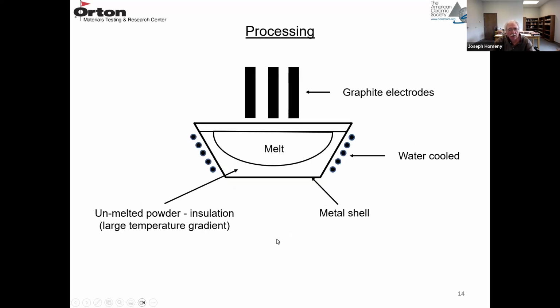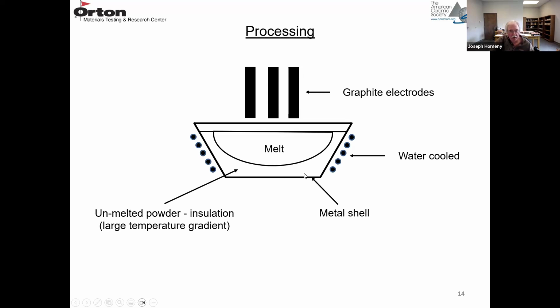So the way these are melted, you have a metal shell, basically a large crucible. It's water cooled. You put in the powder or whatever composition you're going to melt. Then you lower the graphite electrodes and strike an arc and form a melt in the center of this crucible. And then you have unmelted material that is in contact with the metal shell, and it's water cooled, so there's a large temperature gradient.